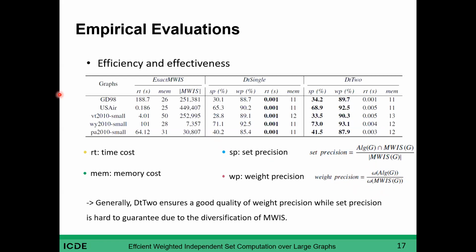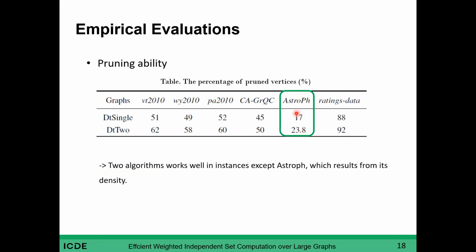And look at this table. We see that these 2 algorithms take much less time cost. And DD2 ensures a good weight precision quality, despite some loss in the set precision. Another issue we emphasize is the pruning ability.